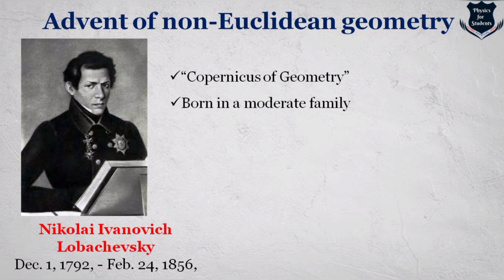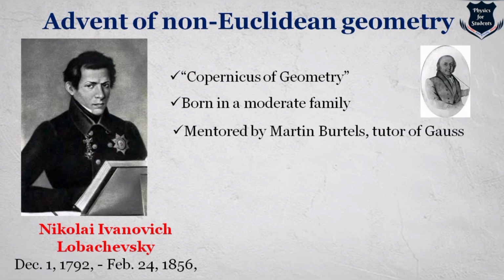He was born in a moderate family, and his father died around when he was 7 years of age, when he and his mother moved to the Kazan district in Russia. He was mentored by Johann Christian Martin Bartels, a former student and close associate of the famous Carl Friedrich Gauss.